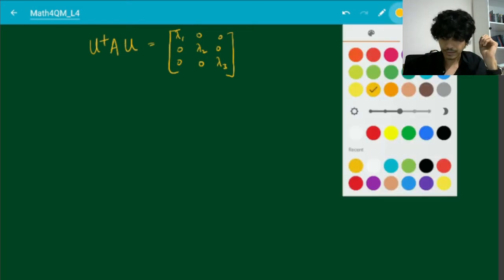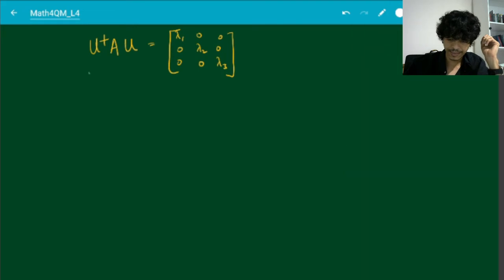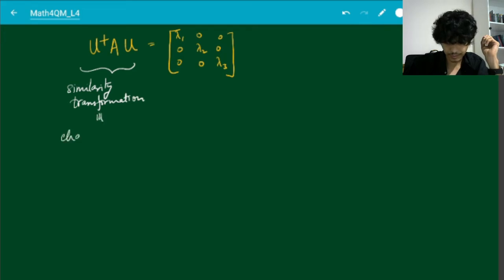Now in the last video lecture towards the end, I had said that this is called a similarity transformation. And it represents a change of basis.